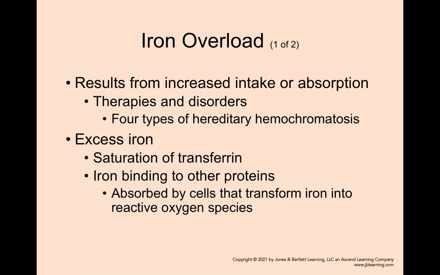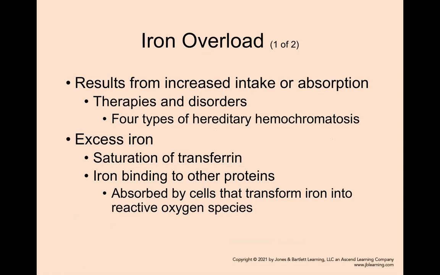Iron overload results from the increased intake or absorption. The one group that we can see this in a lot is in people that need frequent transfusions, specifically our sickle cell patients.